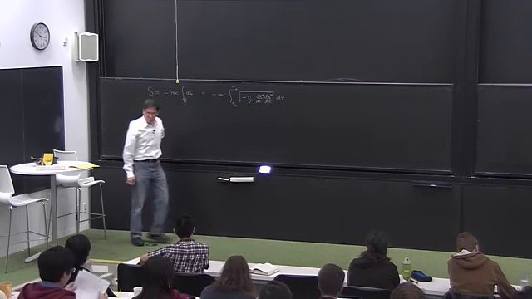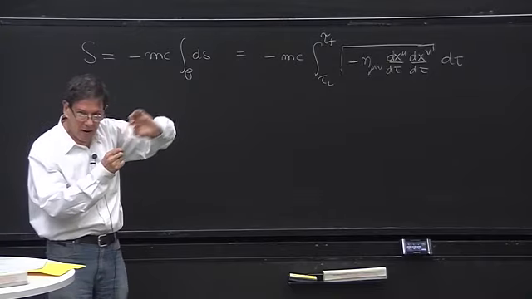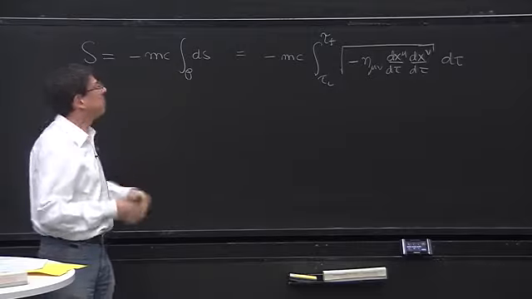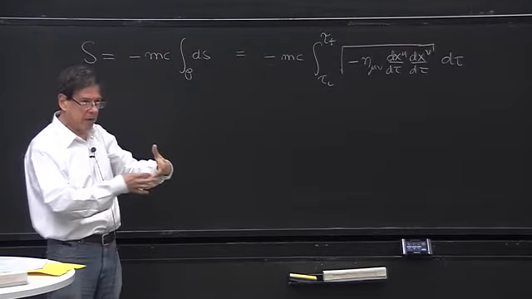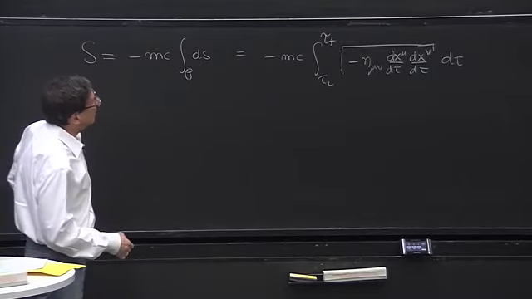We wrote it in this way, which was a way to introduce a parameter to describe how this particle is moving, and then with the help of a parameter, writing the action in a slightly more explicit way that you can just calculate with it.